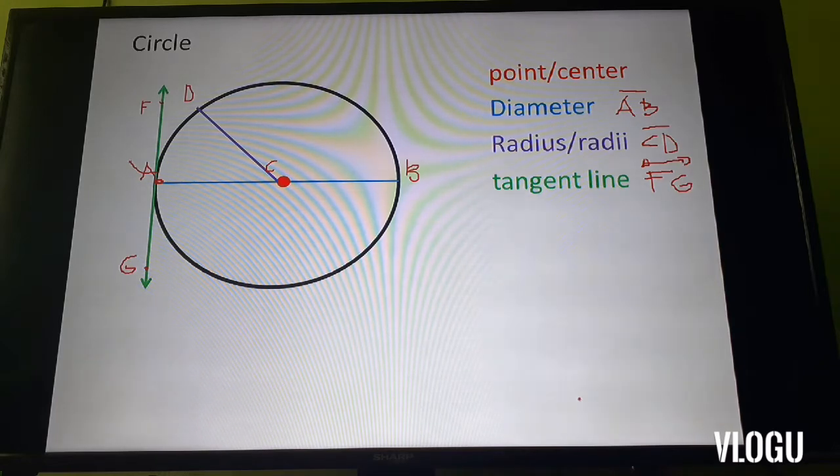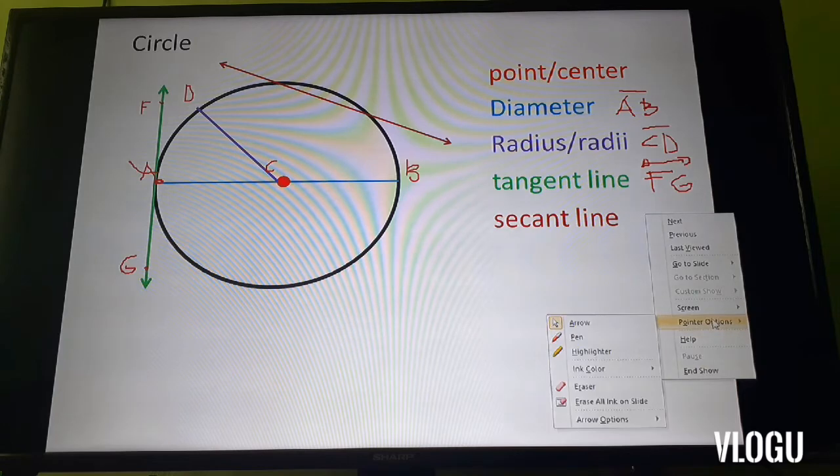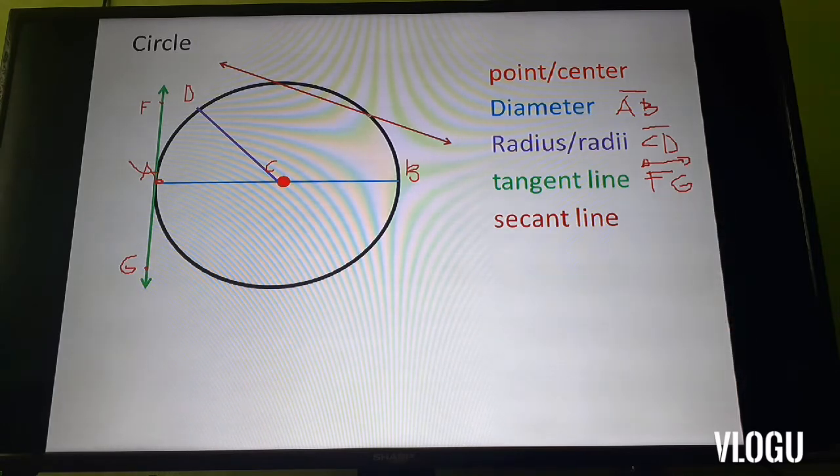Now, the next part of the circle is the secant line. A secant line is a line that passes through the circle at 2 points. In short, para malaman po natin na siya po ay tinatawag na secant line, dapat yung line na yan ay dumaan sa dalawang point ng ating circle.